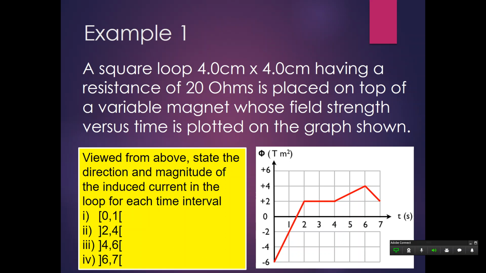Okay, so from 4 to 6. Tell me which direction the flux is in this, the up or down? Up, because it's positive 2. Is it getting more up or less up? More up. So how is nature going to counteract that? B induced is going to be down.